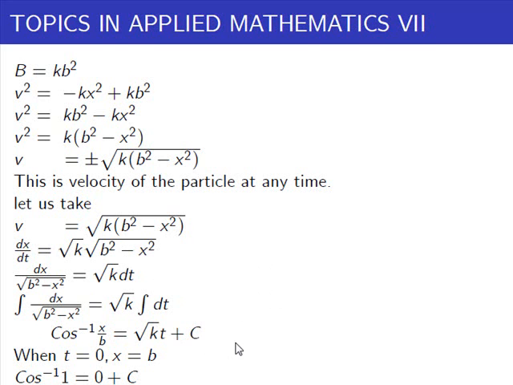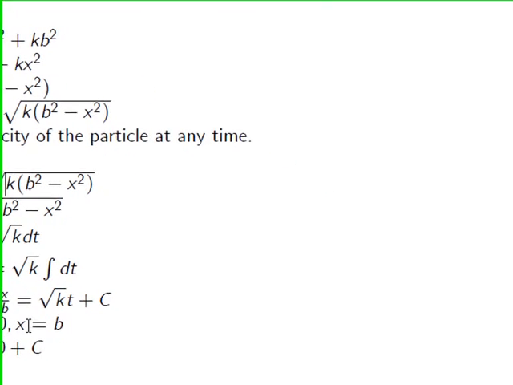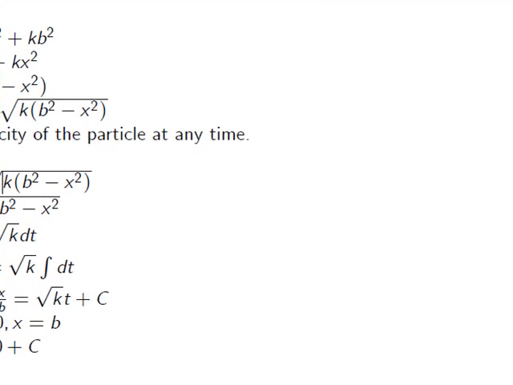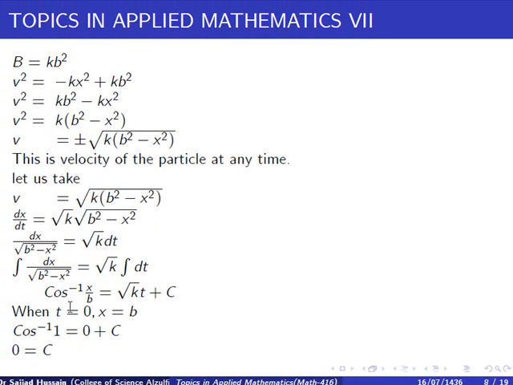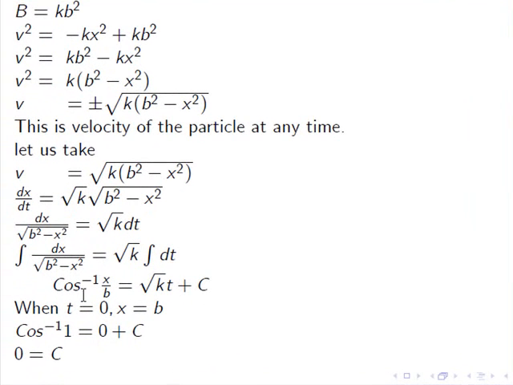In order to find the value of c, we take t is equal to 0, x is equal to B. Initially, when time t is equal to 0, the particle is at the extreme right position, that is x is equal to B. Here cos inverse B divided by B is cos inverse 1, t is 0 so this term becomes 0, plus c.